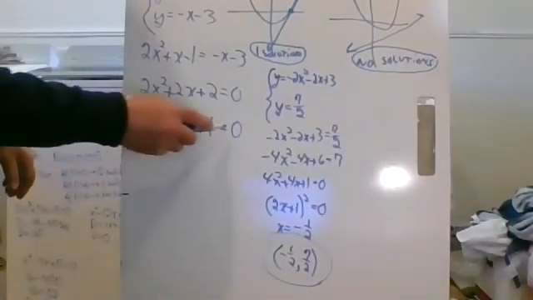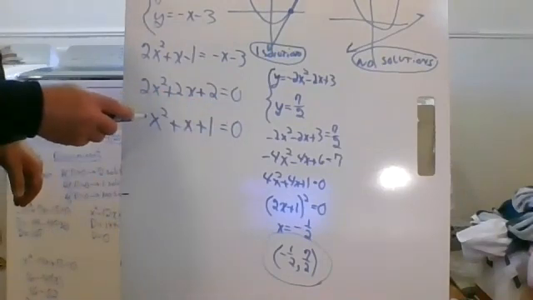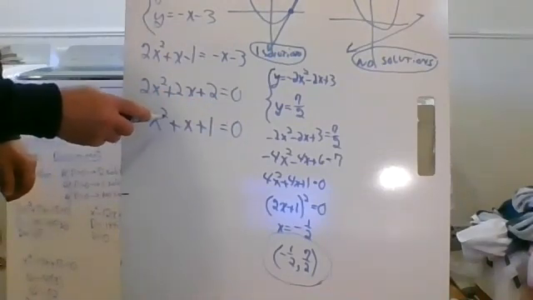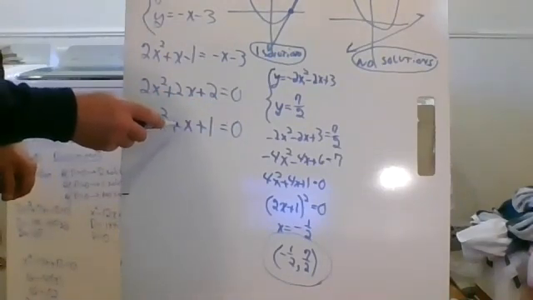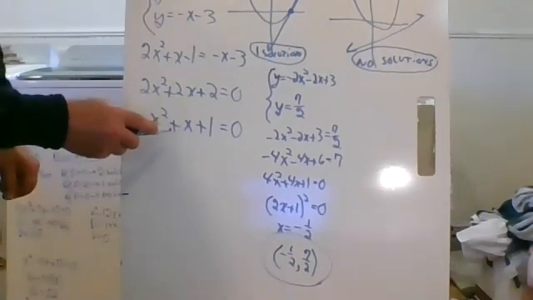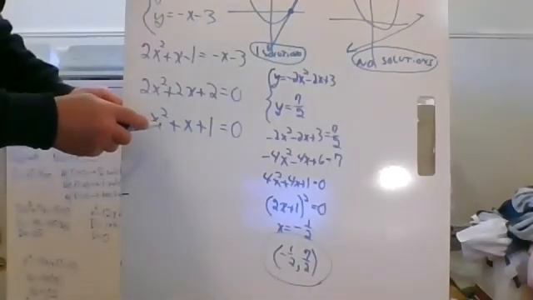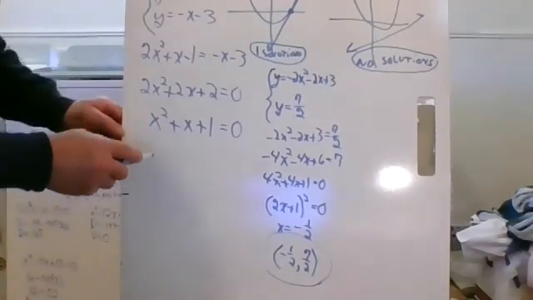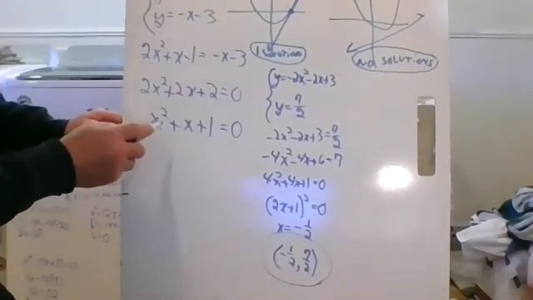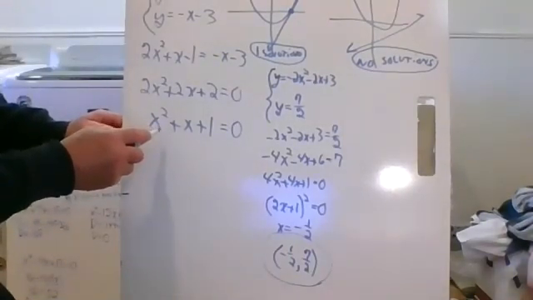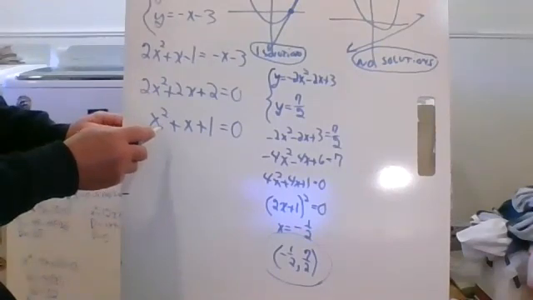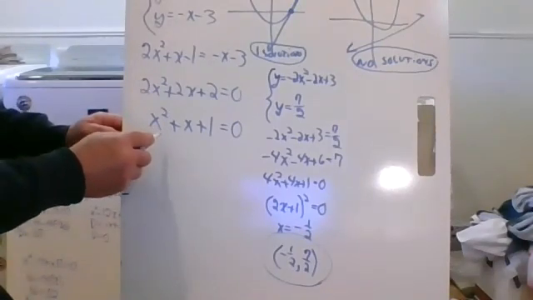And now you need to solve this equation. But if you try to factor it, you can't factor it. So the only way we can solve it is quadratic formula. But what we're going to do is first check the discriminant to tell us how many solutions we have.